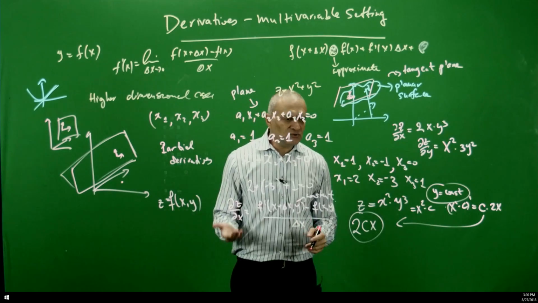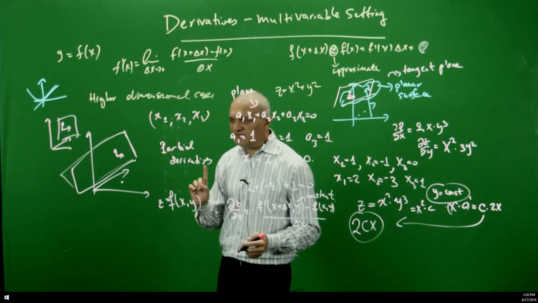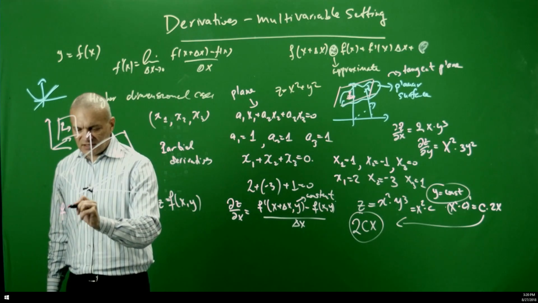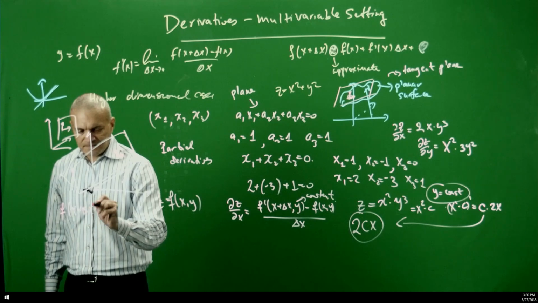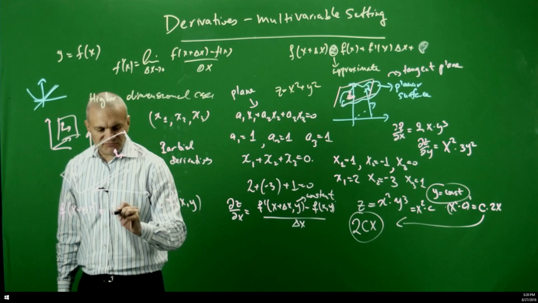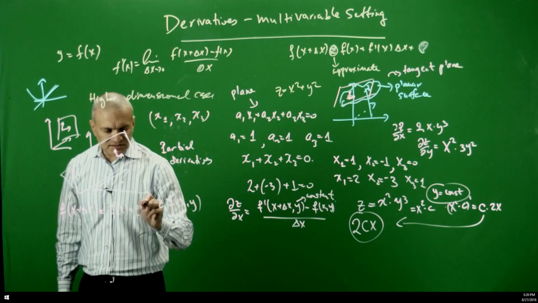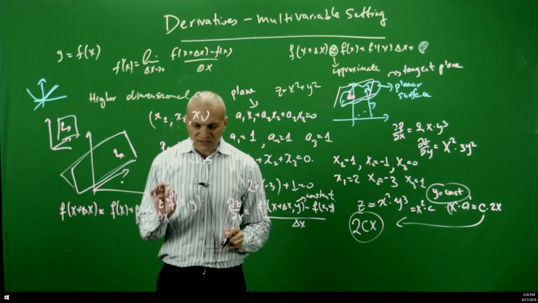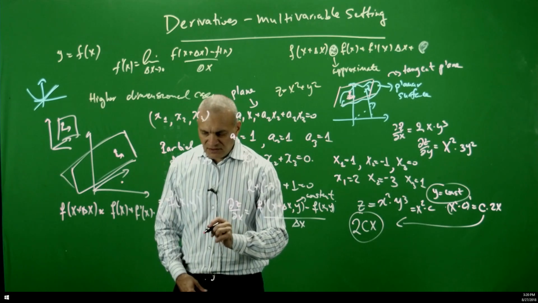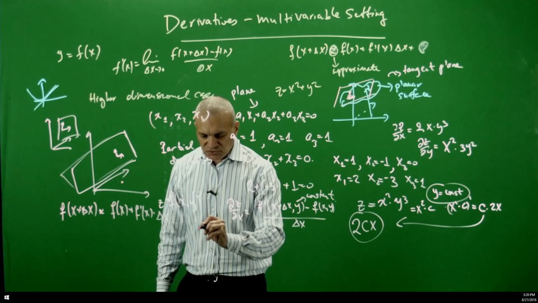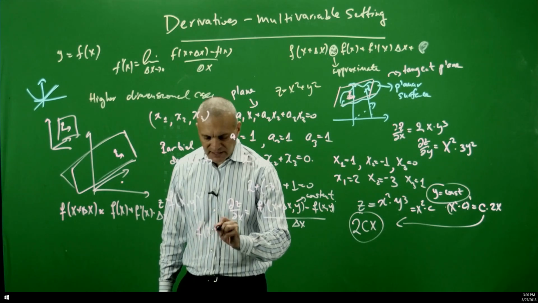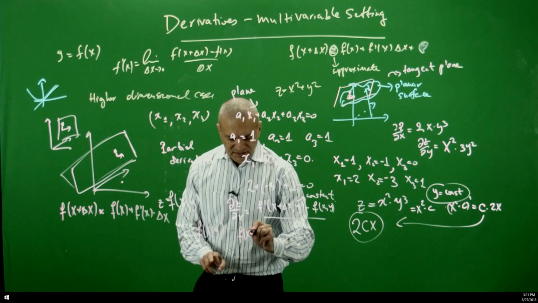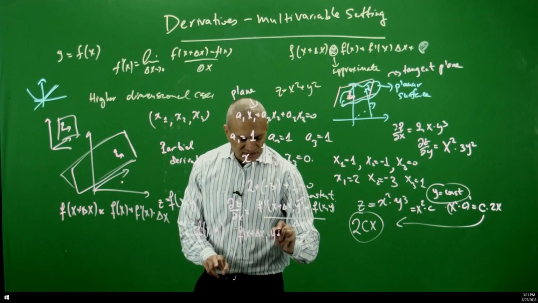Now, why is it useful? Why do we need this derivative? We have the following formula that we had before. Remember that we said that f of x plus delta x is approximately f of x plus f prime of x times delta x. Here we have the same idea. Let's say we have a function of x, y, and we are looking at f of x plus delta x and y plus delta y.